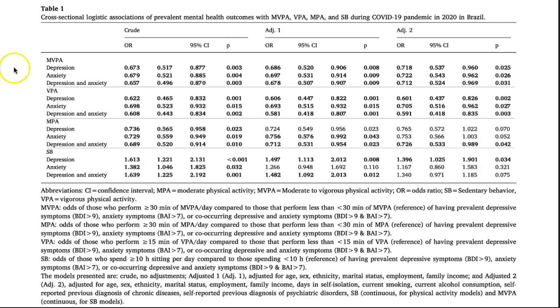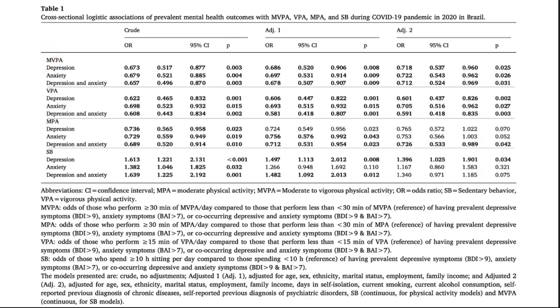So for each one of these, they have the physical activity level as the outcome variable. That's why you see there's nothing next to that variable. And then they have an independent variable that they're looking at. So for example, in this top one, they're looking at the relationship between depression and moderate to vigorous physical activity, the relationship between anxiety and moderate to vigorous physical activity, and then the relationship between having both depression and anxiety with moderate to vigorous physical activity.